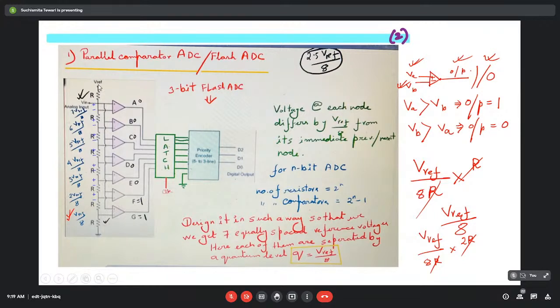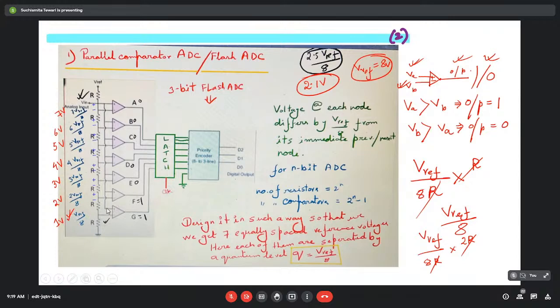Suppose we are considering an example, suppose V reference is equal to 8 volt. So here it will be 1 volt, 2 volt, 3 volt, 4 volt, 5 volt, 6 volt, and 7 volt. Suppose V in has now got a value of 2.1 volt. So what is happening?